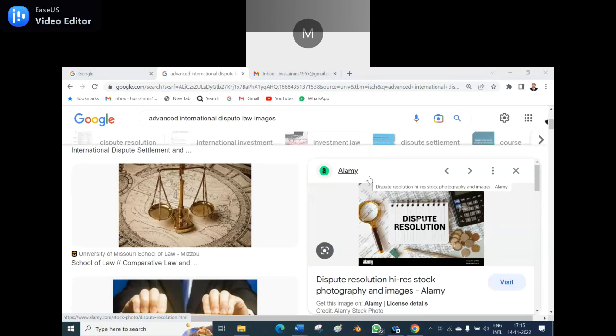So it's the international dispute settlement law. And here you could see the cursor. What is this cursor showing? Is it Simba? Scale. Yes, it is a scale.